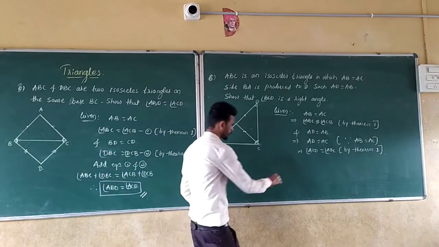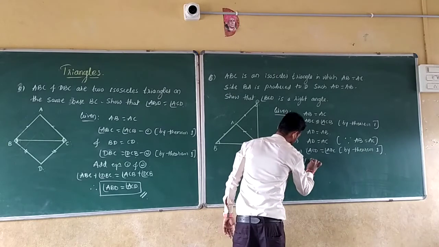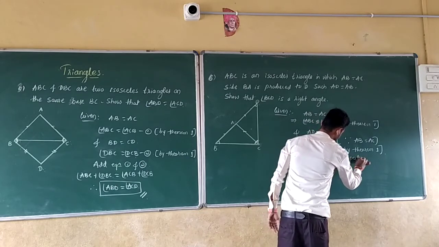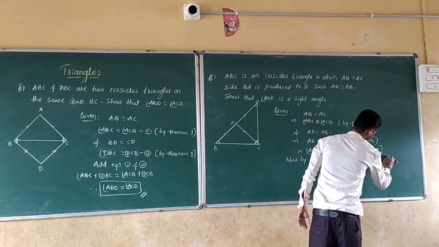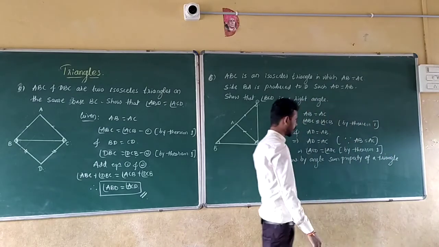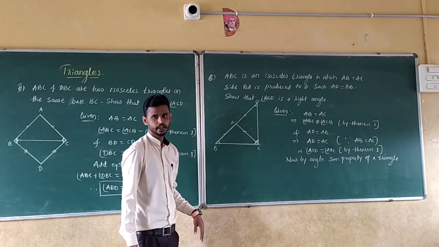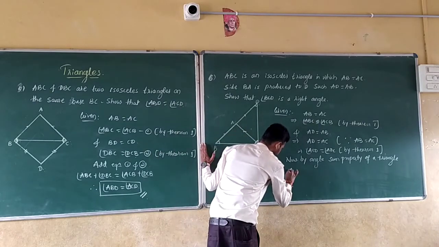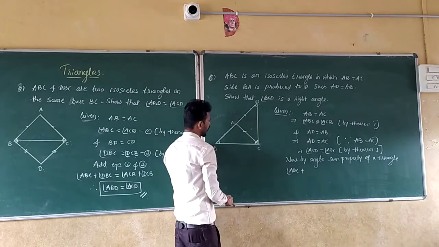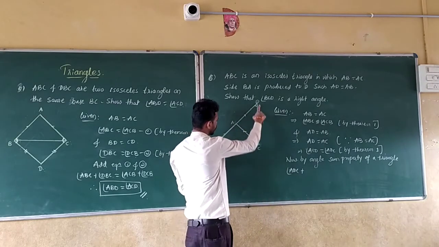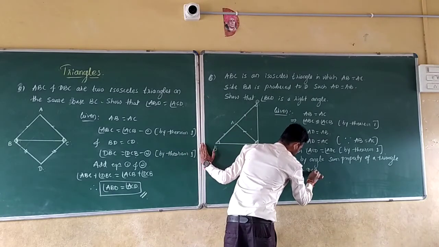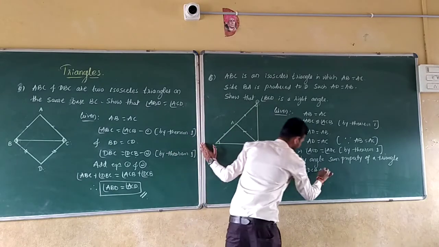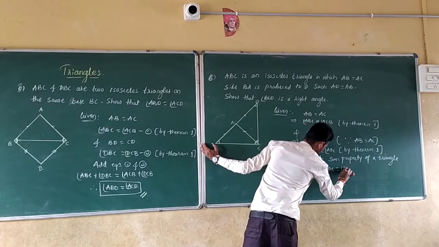So write that: angle ABC plus angle DCB, this is the total angle, plus angle ADC is equal to 180 degree.